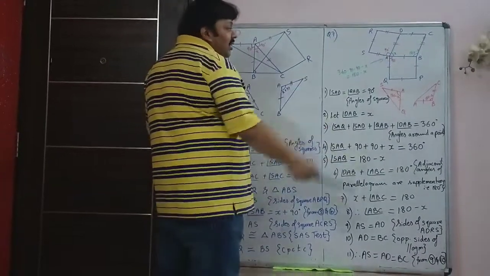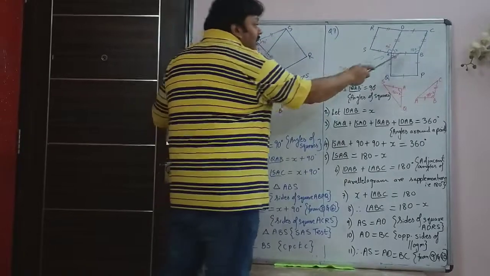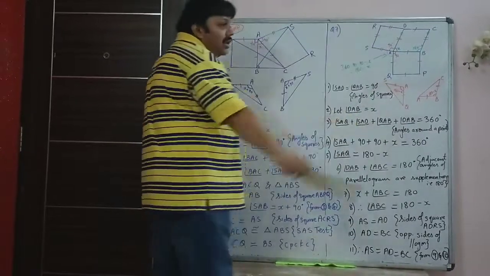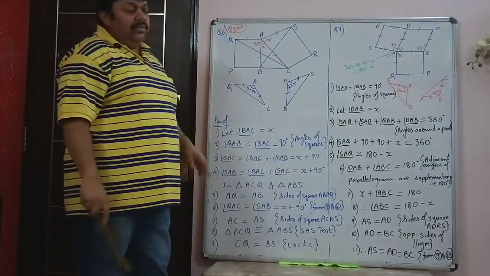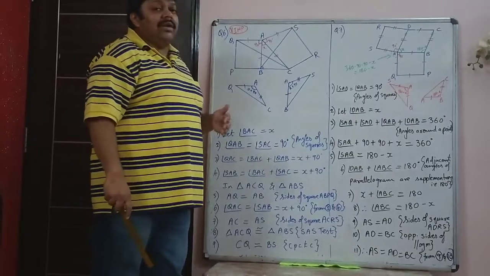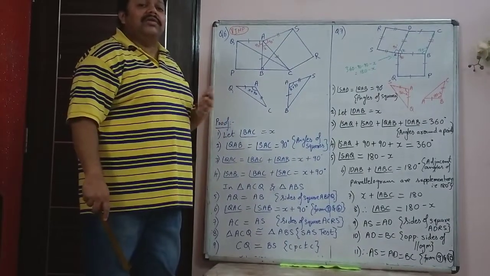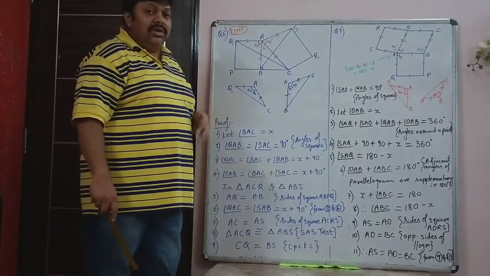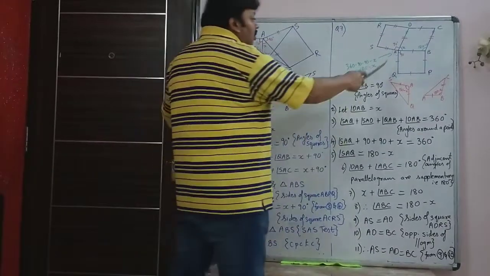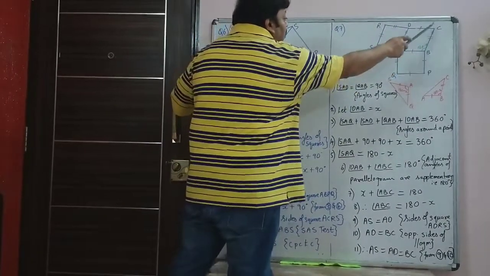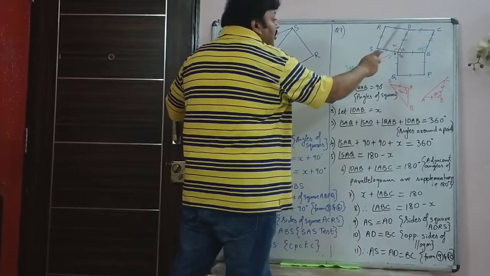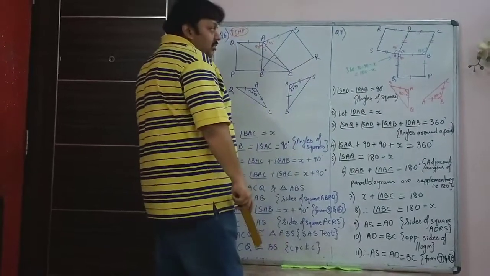So in question 7, first of all, ABCD is a parallelogram, not a square. In a parallelogram, opposite sides are equal and parallel. So you have AD equal to BC. I use the same symbol, double line.